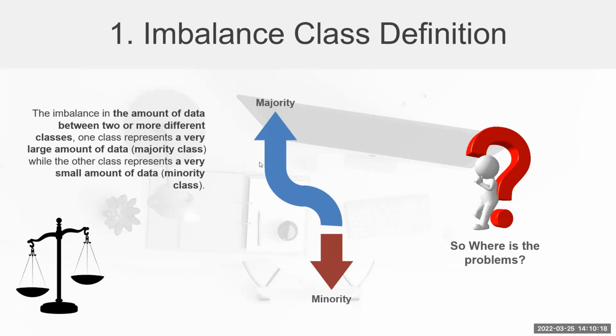I mean the class is not just binary, but also maybe multi-class imbalance data. One class represents a very large amount of data, which we usually call the majority class, while the other represents the minority data, with a very small amount of data.